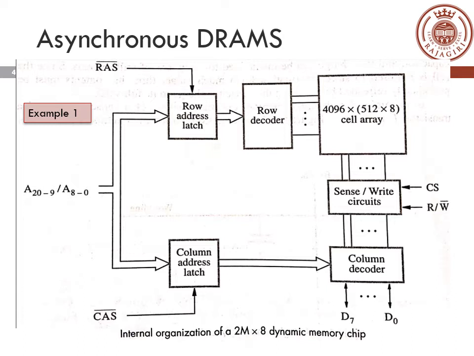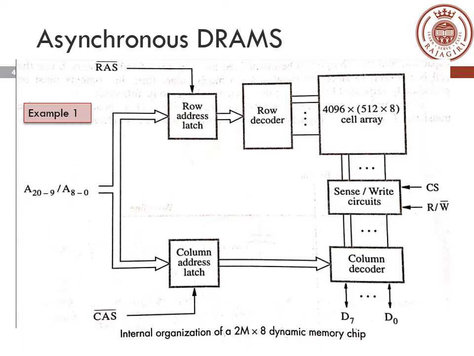You will be giving the corresponding address A20 to A0. A20 to A9 will be the row address. It will be given to the row address decoder, which decodes the row address, and A8 to A0 is the column address. Using the column address decoder, it selects the corresponding group. So a particular row, and from that particular row a particular group, and in that group you have accessed 8 bits of data, that is 1 byte.